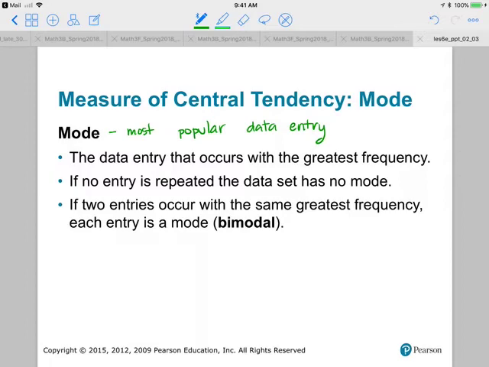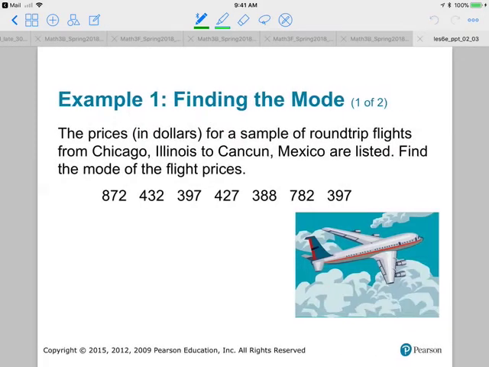If you have no entry repeated, then the data set has no mode, because you can't pick everything to be a mode. If you've got two different entries that occur with the same greatest frequency, then they're both the mode, and you call your data set bimodal, okay?